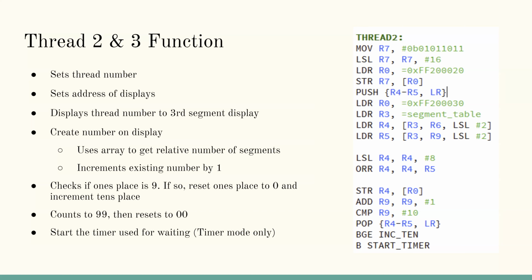We then create a number on the display using an array relative to the number of segments that need to be activated or turned on so it could show a number that we're looking for. This array is set at the bottom, and the load essentially finds the address location of that address.